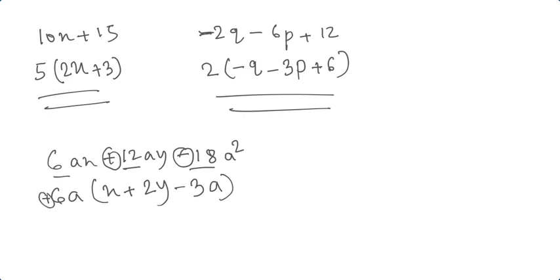This plus, no need to write, just ignore it, just 6a, bracket upon x plus 2y minus 3a. Okay, this is all about simple factorization of the expression.